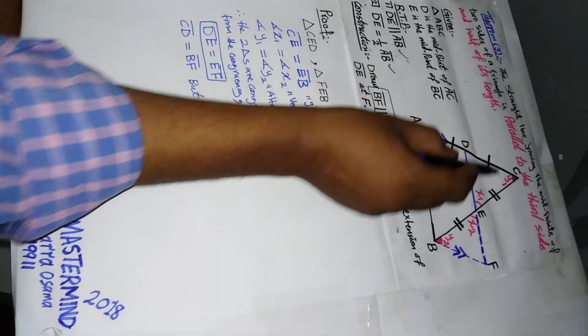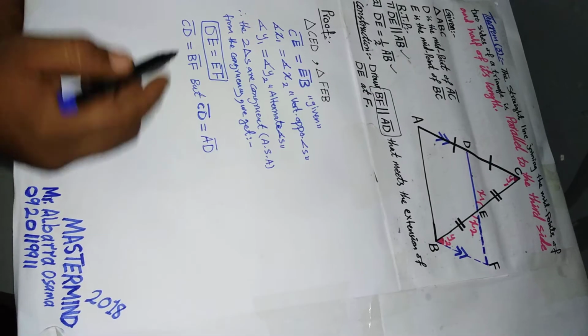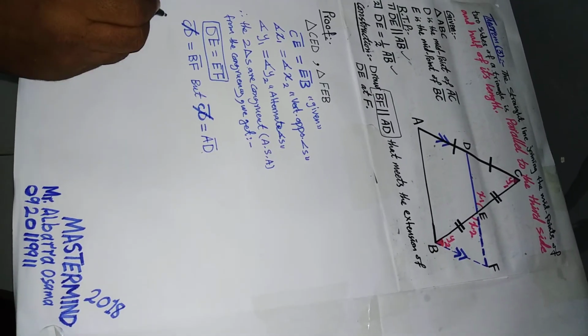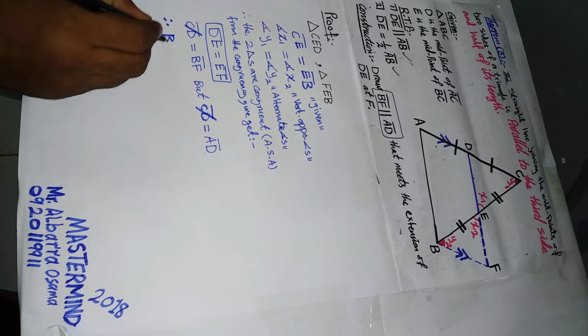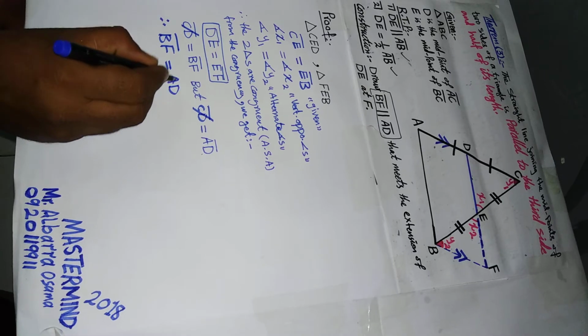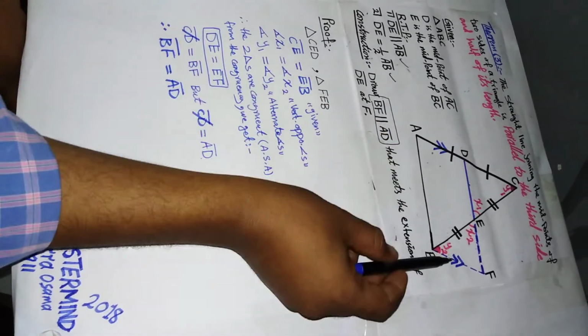So you say CD equals BF, and at the same time CD equals AD. So if we cancel CD with CD, it's clear that BF equals AD. Therefore, BF equals AD. We prove this now.